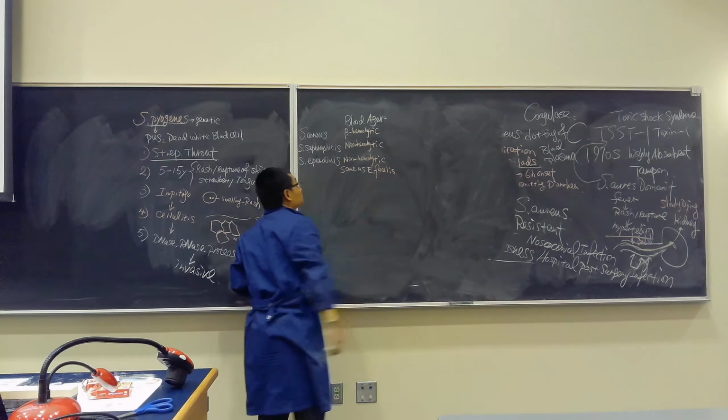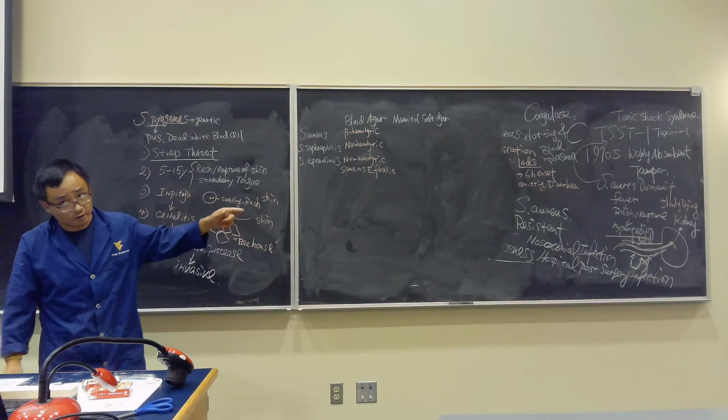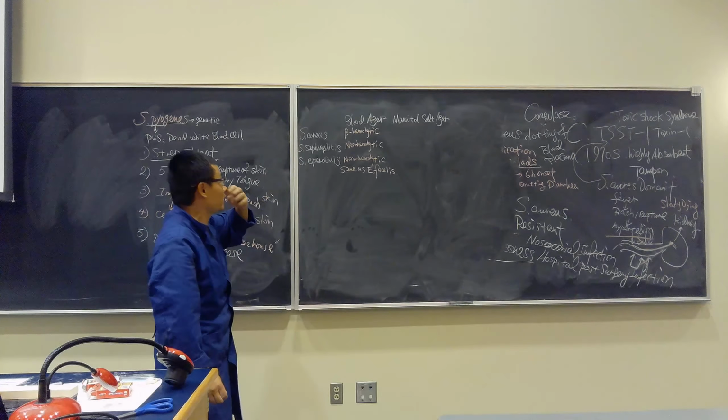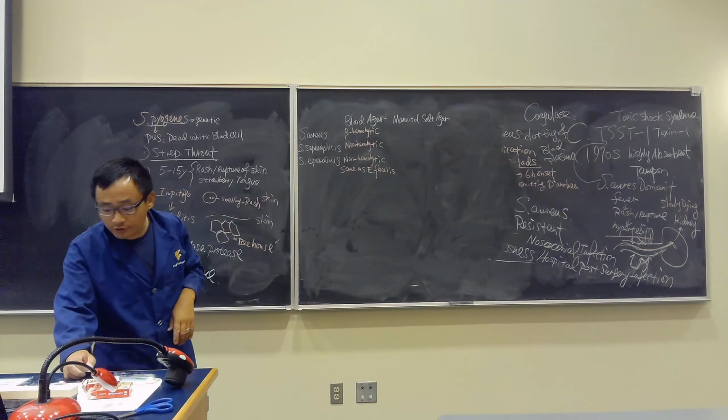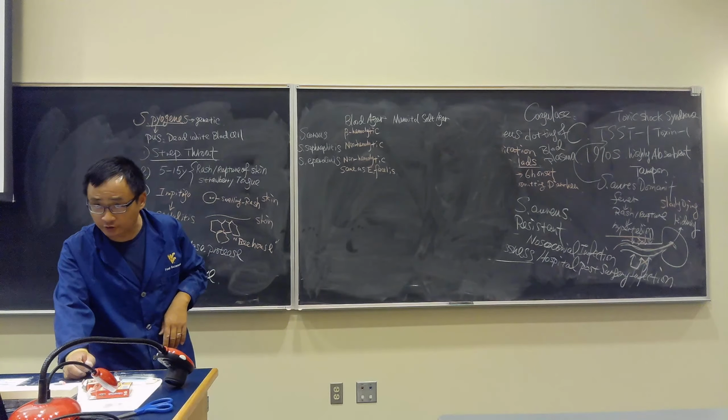The second one, you can use mannitol salt agar. Remember the question in exam one, did you do well? Mannitol salt agar, we will do in the lab next week, but we already heard the name. Mannitol is an ingredient for differentiating bacteria.